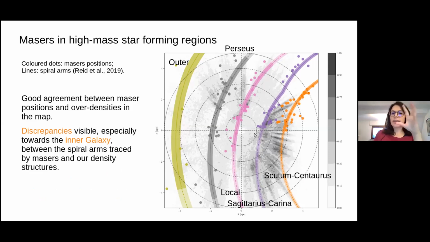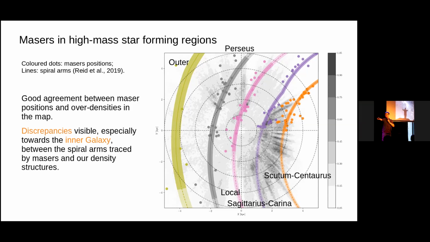So I think it must be related to how they put sources in different arms. They decided that some masers are in one spiral arm and some other masers are in other spiral arms, and then they try to fit their distribution. And I think the kink comes from that fit. But it is in their paper. Okay, that's great. Thanks very much.